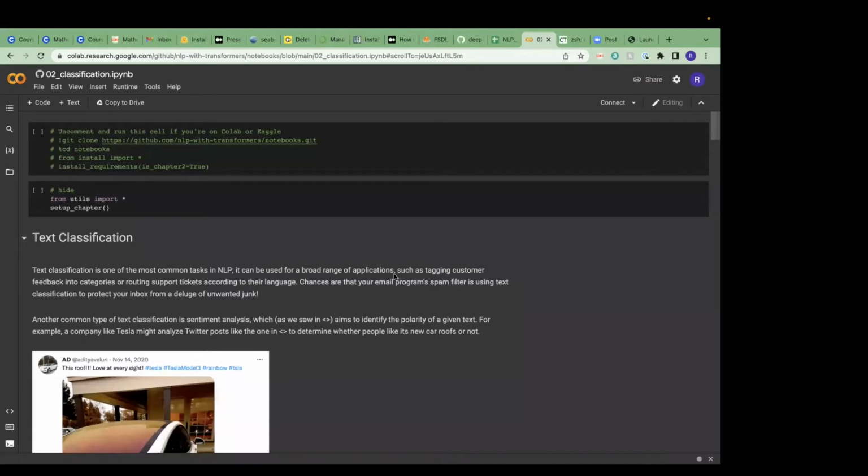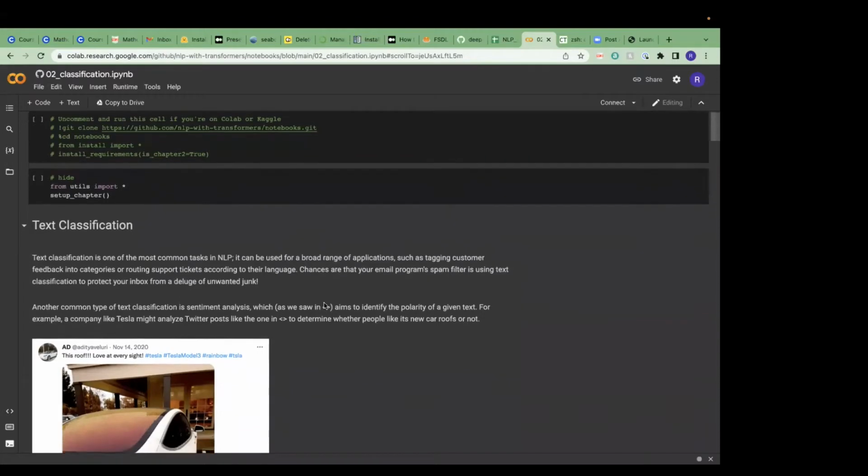Yes, you can. Okay. So this chapter is on text classification. The focus is not on the transformer architecture; I think that's next week. It's more on the application of transformers, and text classification is a very common application for them.